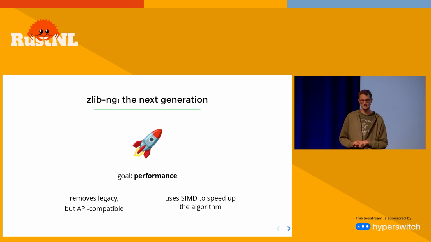But zlib-ng is still fully API compatible, so that means it exposes all of the same names, with all of the same type signatures as the original zlib, and so it is a drop-in replacement for the original zlib, just with fewer platforms that it supports, but still the same API.